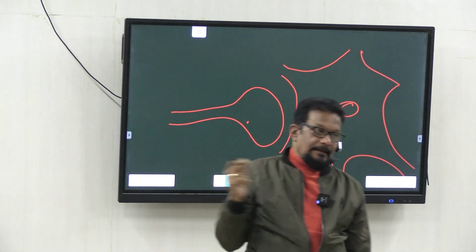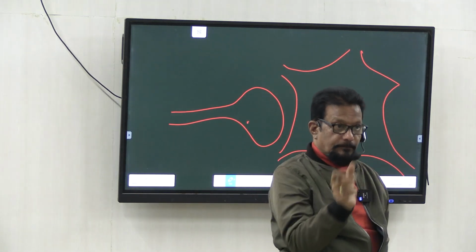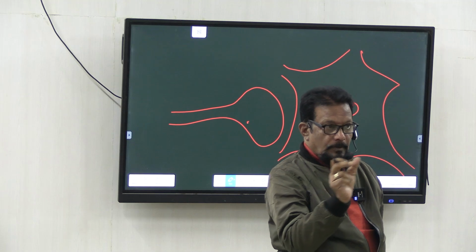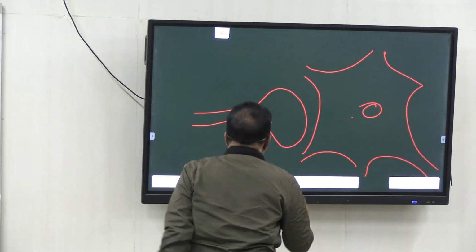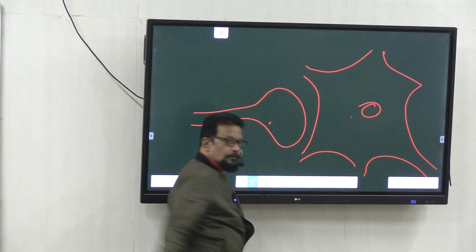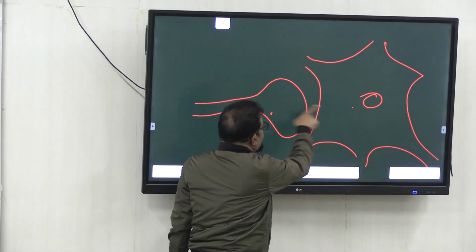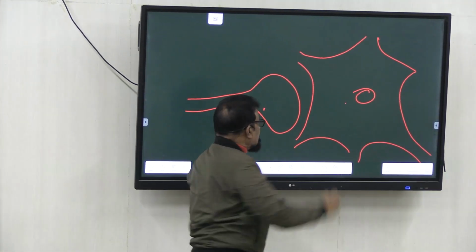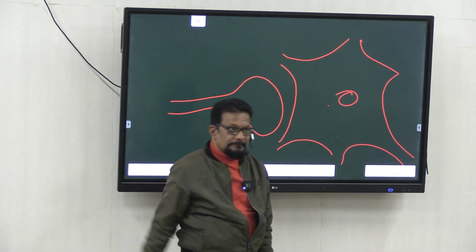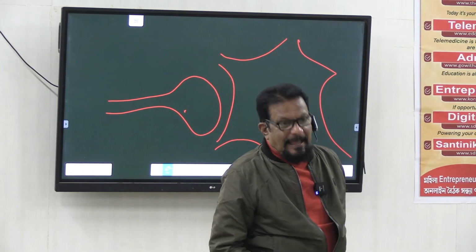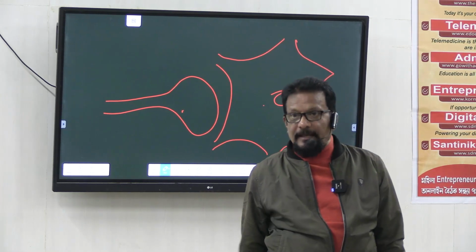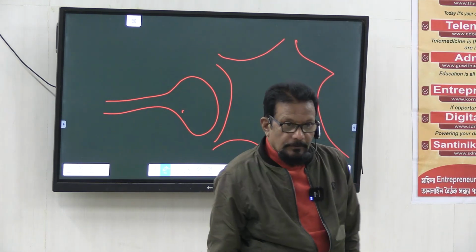Axodendritic, axosomatic, this sort of synapses can be formed. Suppose this is axosomatic. There is no direct connection. In between there is a gap, discontinuous. In this gap there is a fluid, extracellular fluid.